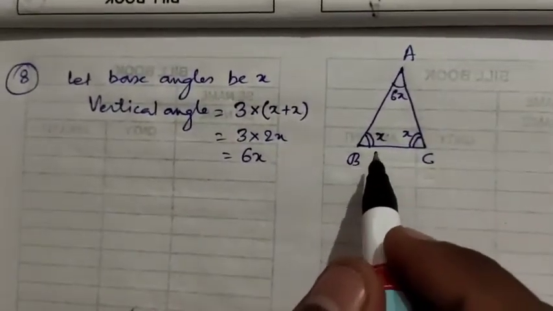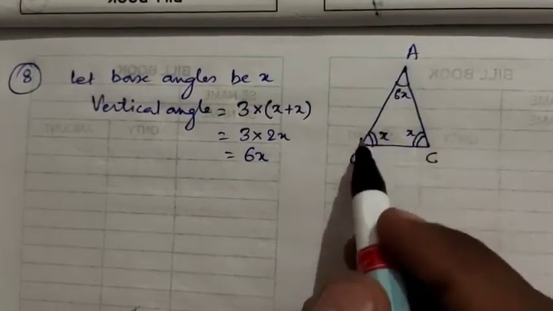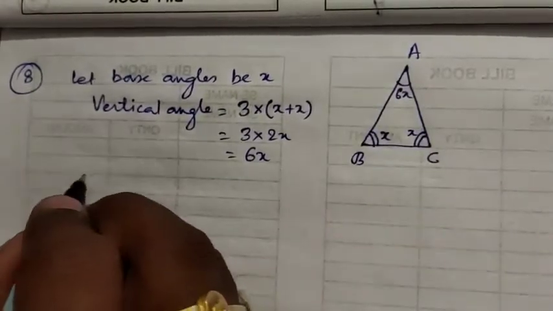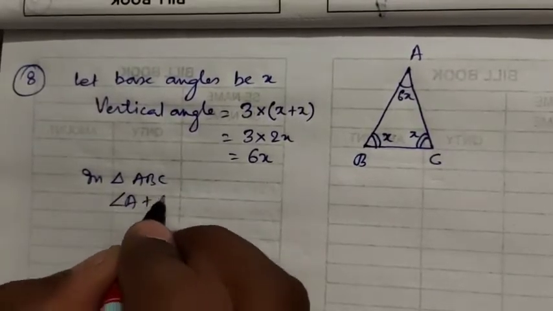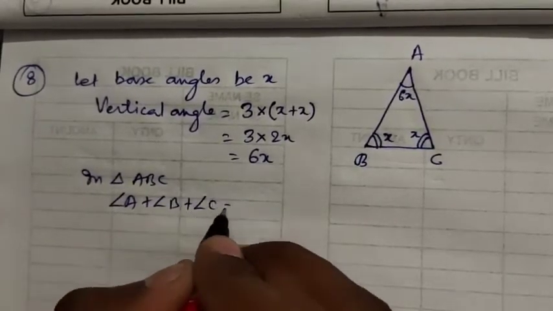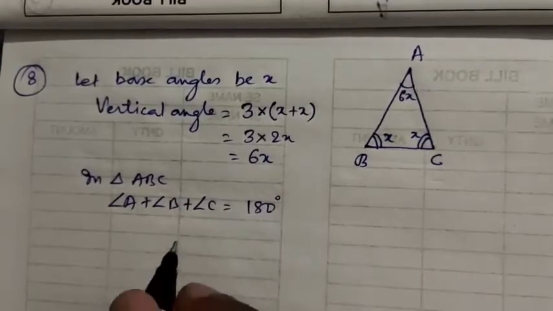Now we will use the concept of the triangle, that the sum of all 3 angles will be 180 degrees. In triangle ABC, angle A plus angle B plus angle C is equal to 180 degrees.